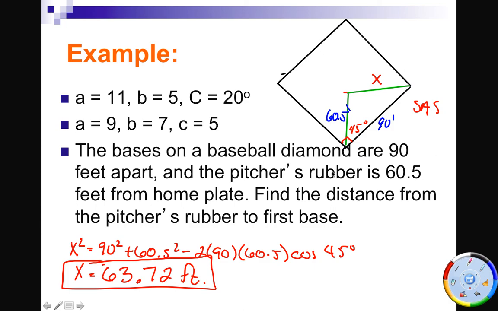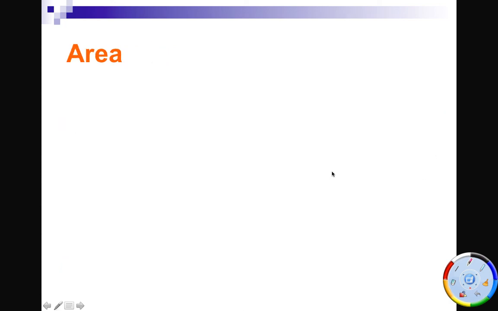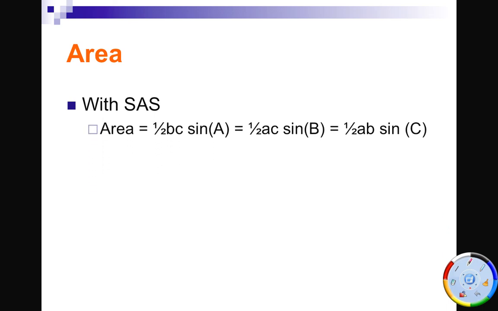All right, so that's that. There's one little leftover thing here to do, and that's area. And if you are given side angle side, you can find the area by doing half of BC times the sine of A. And I think I gave this to you on the last lesson, but I'm giving it to you again.